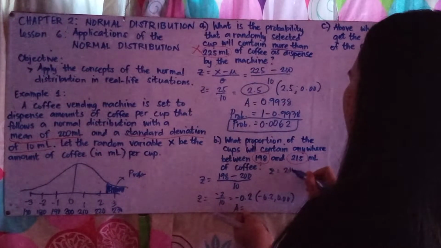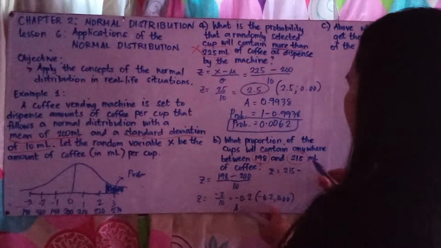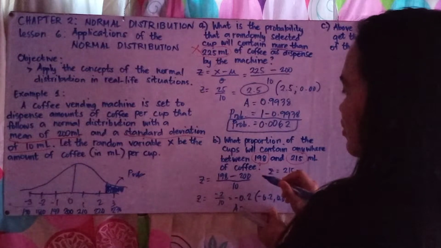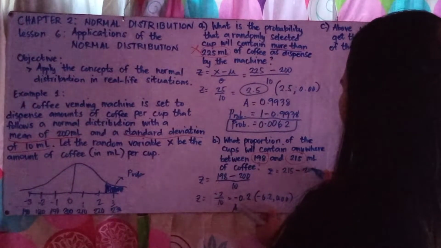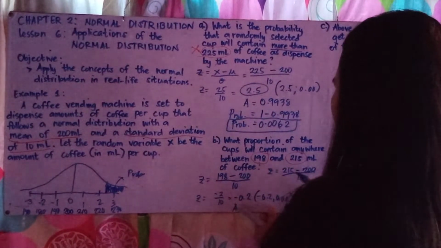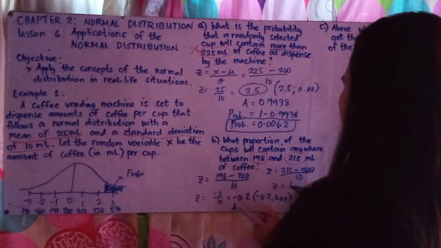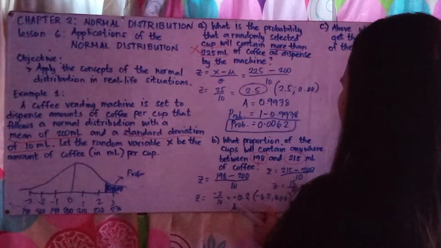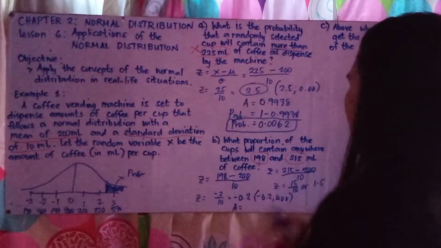For the other z, 215 minus the mean of 200, divided by 10 as the standard deviation. So that is 15 over 10, or 1.5.